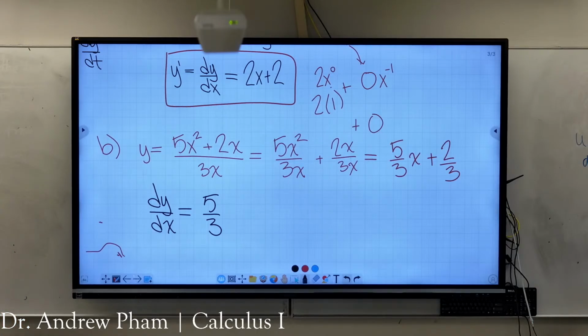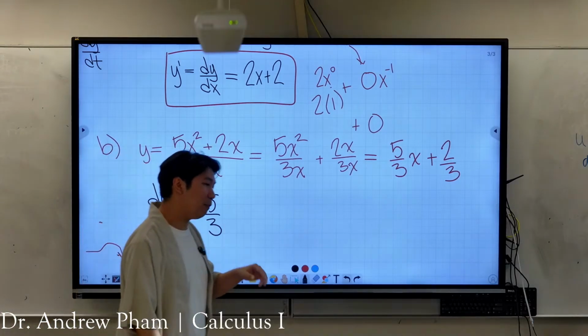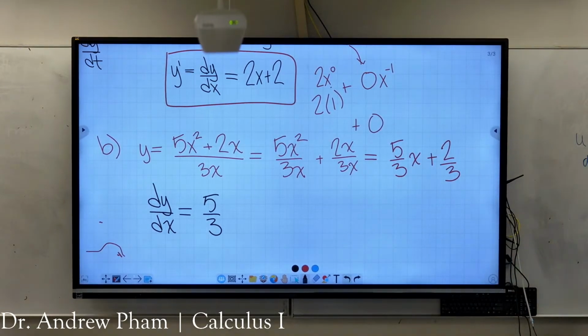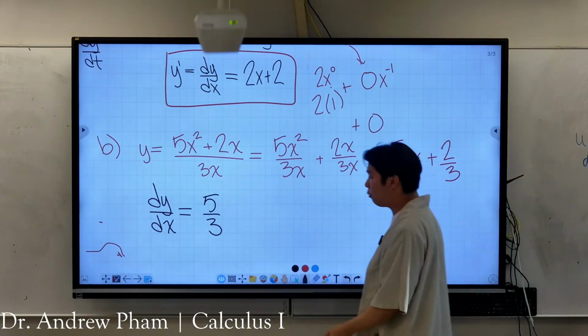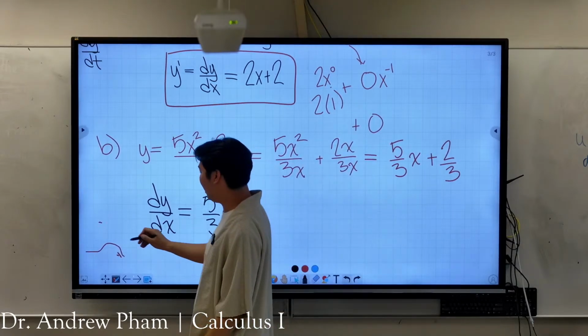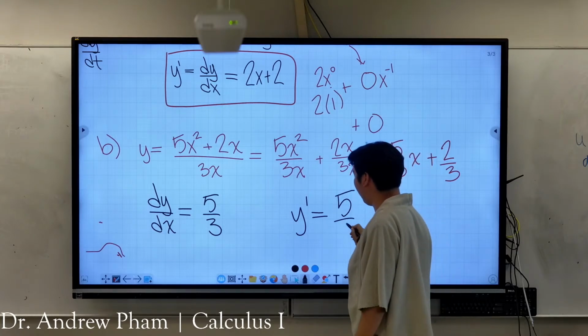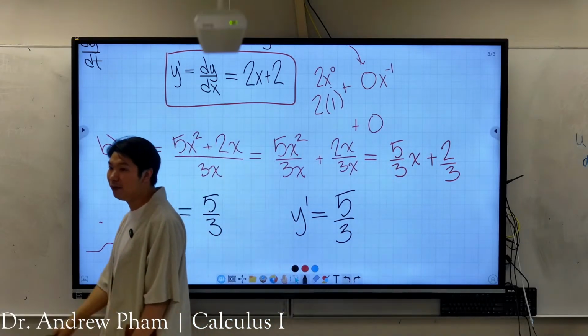Seems like a little tedious thing, but whenever we start working with more derivatives, we have to make sure that we know this derivative is this one. This will be especially important whenever we start doing applications. We want to make sure that we have the right derivative labeled. So again, you can use dy/dx, or if you want, you could have easily written y prime. That's still the same thing. Either one, perfectly fine.